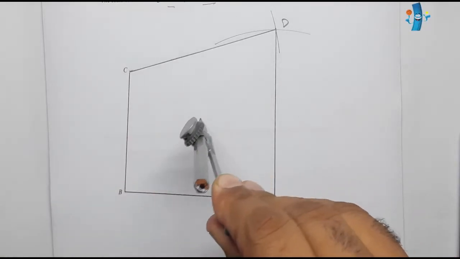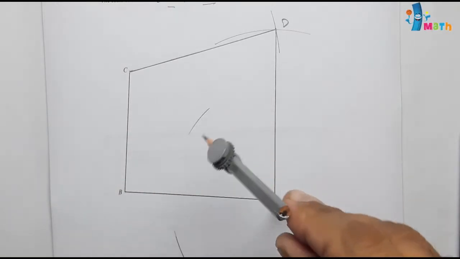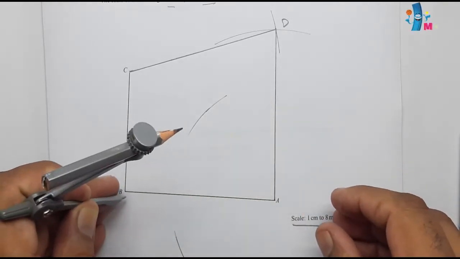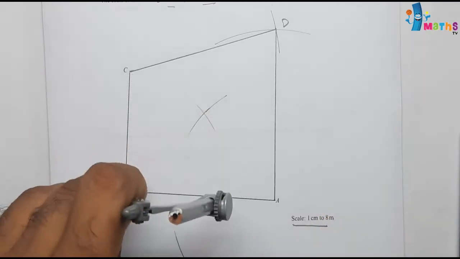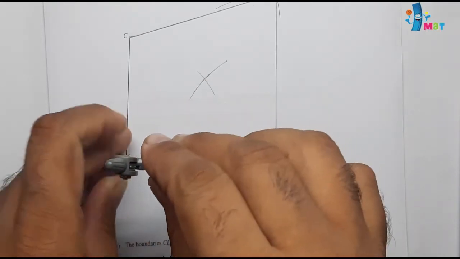So we will make arcs like this, and then put the compass on B and make arcs over here.